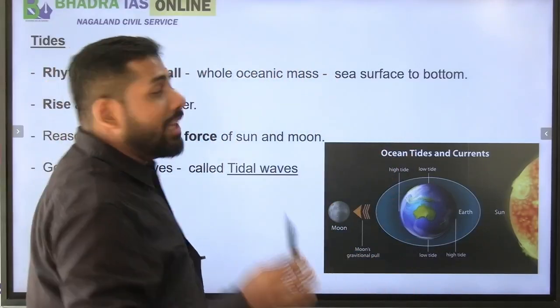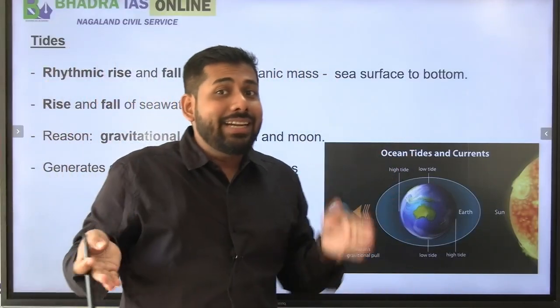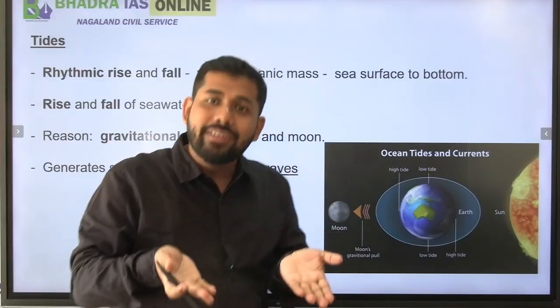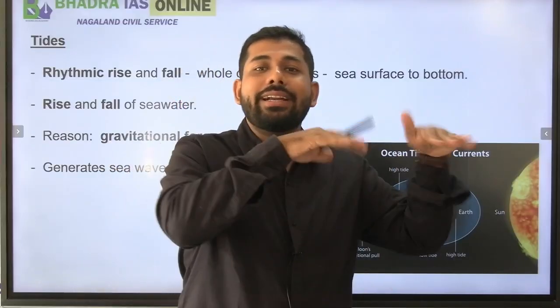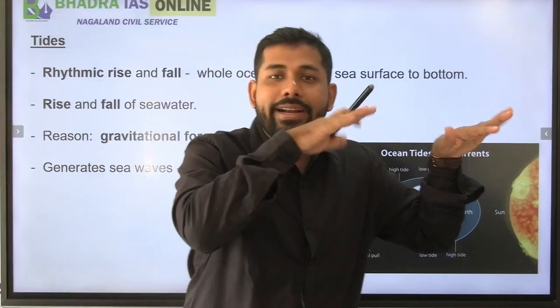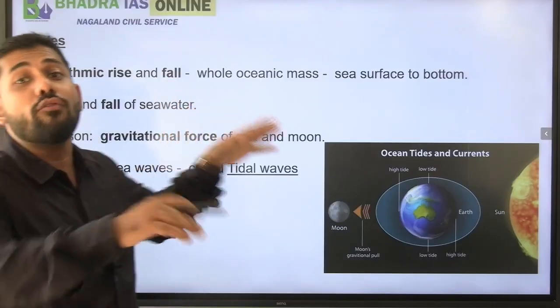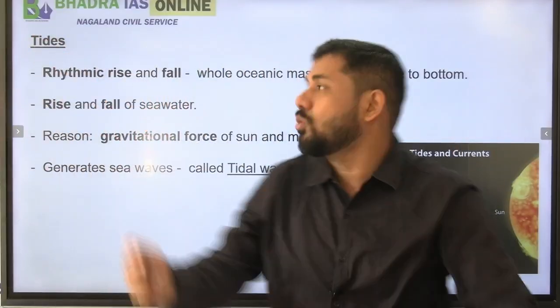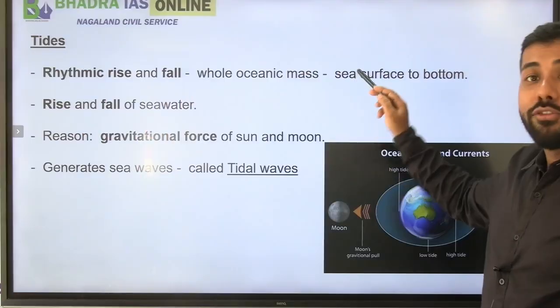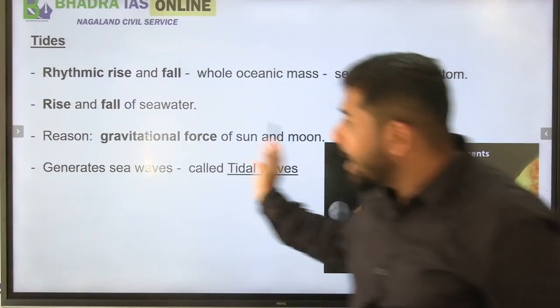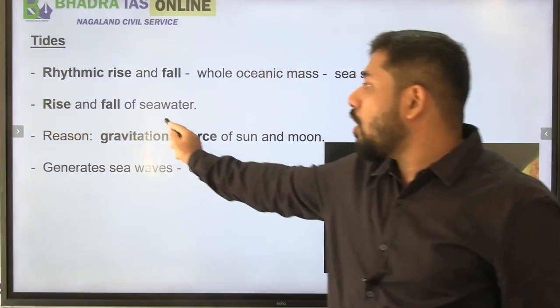So the water tides, as I said, in a day two times high tide comes, two times low tide comes, so rhythmic. Once high tide, then again low tide, again high tide, again low tide, right? So it is a rhythmic rise and fall of the whole mass of the ocean, from the surface of the sea to the bottom of the sea. It is a rise and fall of seawater.